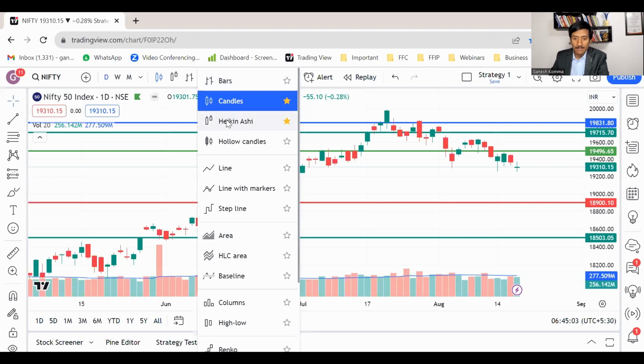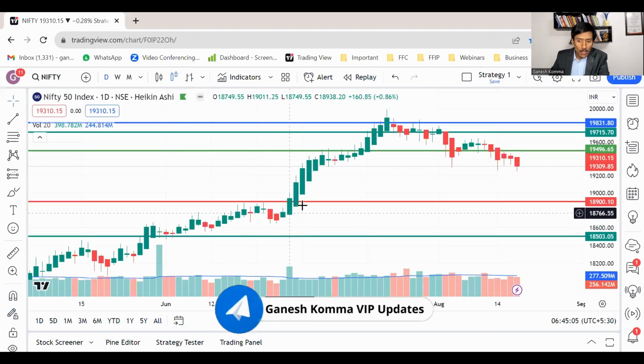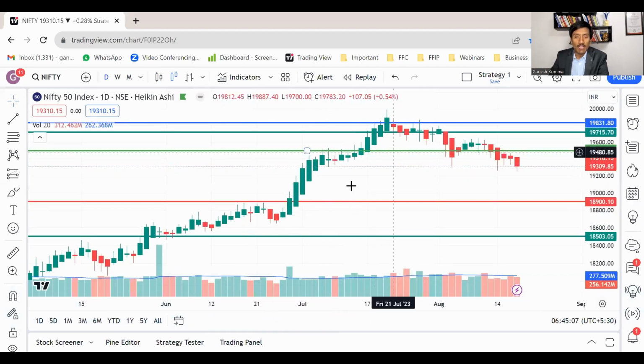Whereas Heikin Ashi will tell you the momentum in the stock or index. It applies to everything. It can be Bank Nifty, it can be Nifty, and it can be any specific stock also.